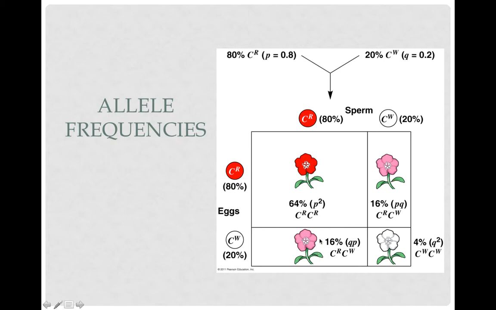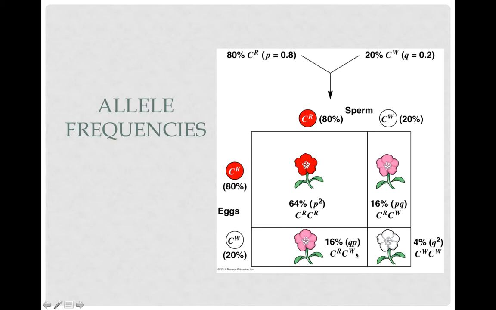This is an example of this idea at play. So in this Punnett square, we have two different alleles. We have CR and CW. Here, CR accounts for 64% of the population. CW accounts for 4%.